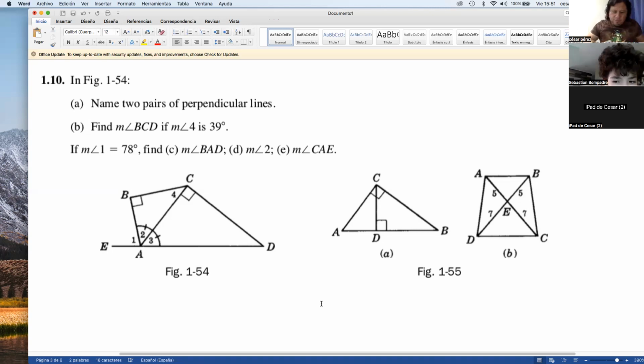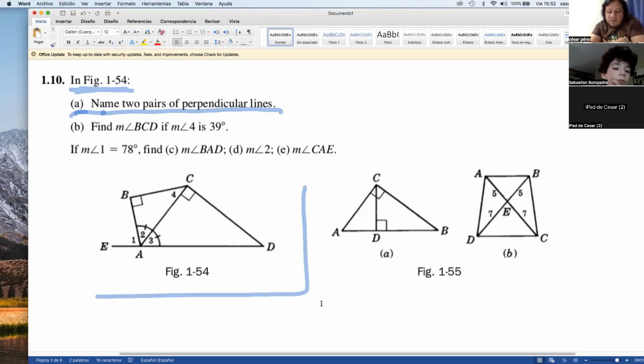This one is easy. In figure 154, we need to name two pairs of perpendicular lines. Can you find two perpendicular lines? Okay, yes, I hear you.